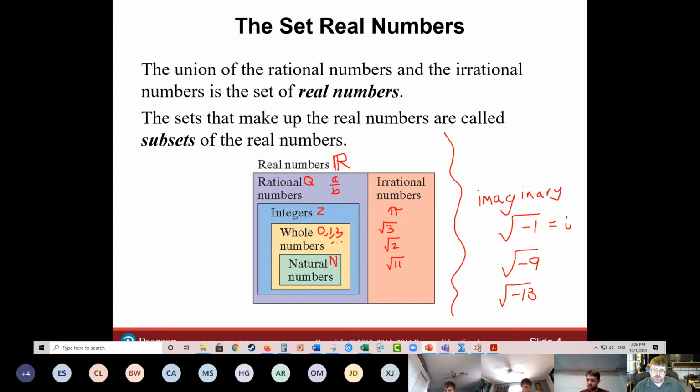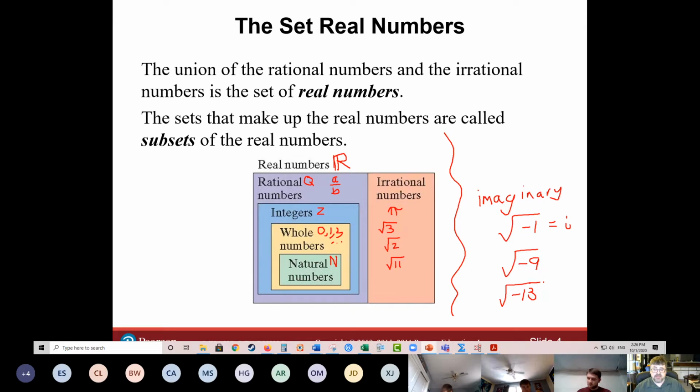We aren't going to worry about imaginary numbers. In chapter 6, we're doing quadratic equations, and I don't think even then imaginary numbers show up, if I remember right. If you go on and take college algebra and trig, you'll definitely have a little work with imaginary numbers, but not a lot.